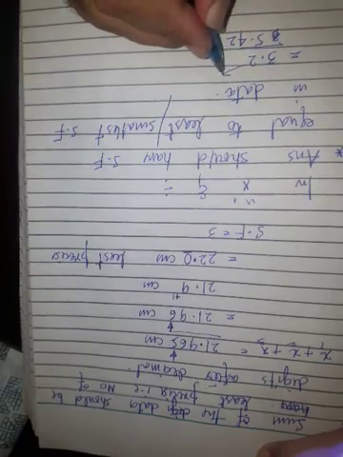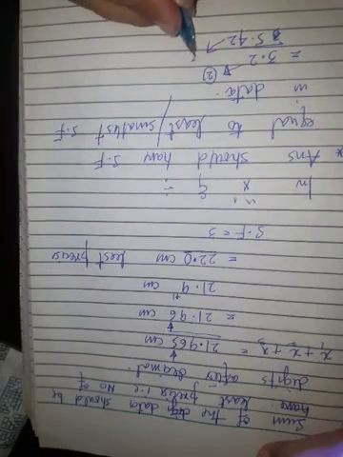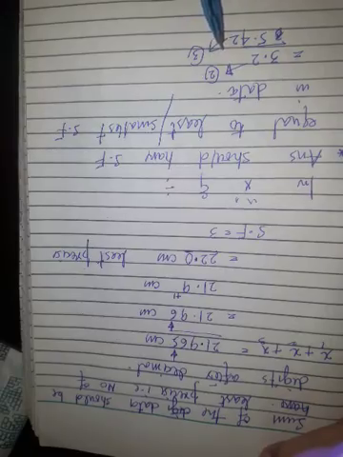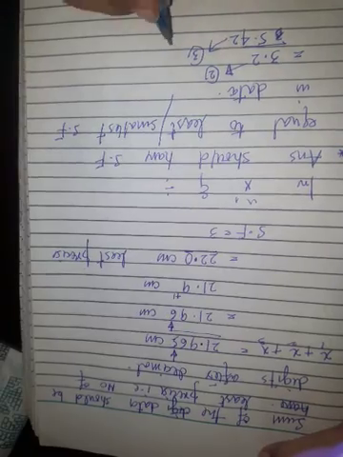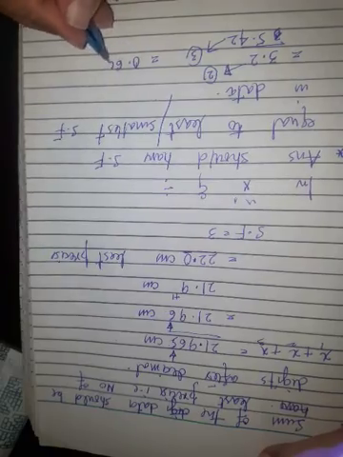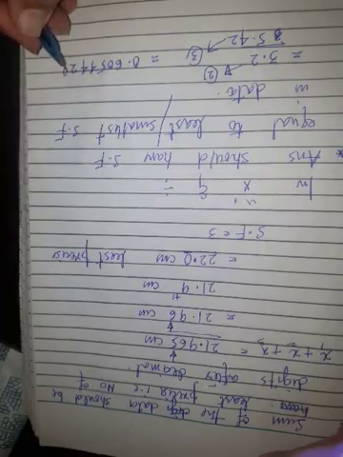Now look, this number has 2 significant figures and this number has 3 significant figures. From the above condition, our answer should have 2 significant figures. After division, we get a long number, 0.60544280.